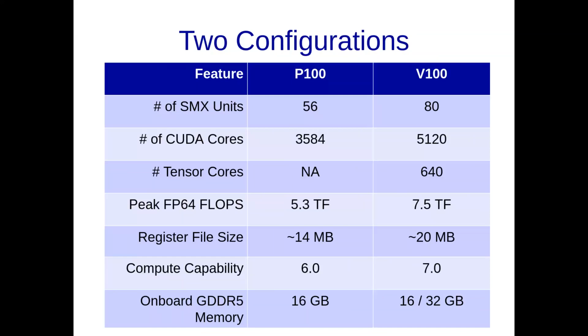Some of the tensor computations can happen on Volta, which is not supported in the Pascal family. You can look at the peak double precision performance, that is flops, achieved with this Volta GPU. It's almost 7.5 teraflop. Just to compare with a high-end CPU, a typical high-end CPU might have a 3 teraflop peak performance coming out of it.